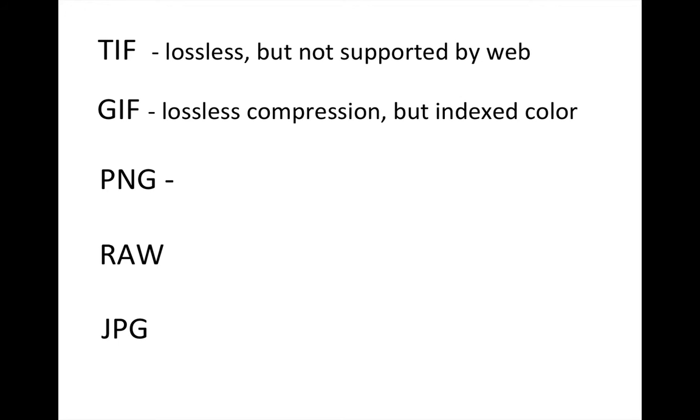A GIF stands for Graphic Interface Format. This was created, quite literally, for the web. It's considered a lossless format, but it is a compressed format. So information that is not needed is removed. If there's lots of white pixels, they're removed.